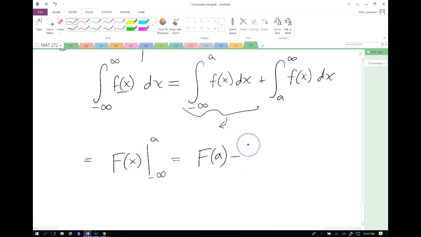That has to be done as a limit. So then we would do the limit as x approaches negative infinity for F of x for the lower piece. And this is where most of the work is going to get done. And then we would do the exact same for this one and add our two results.